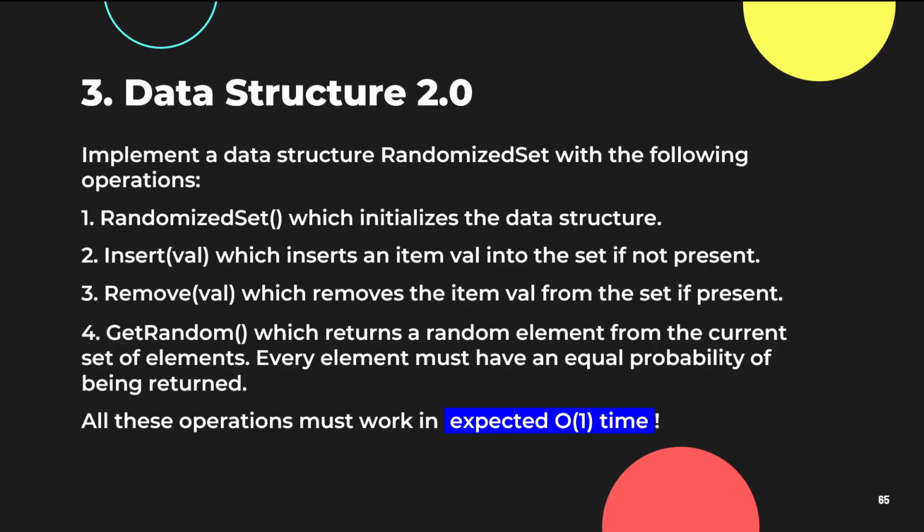Insertion is quite straightforward: you insert the first element with key 0 and the value, and in the other table you insert the value with 0 as the pair. Then you increment your count.